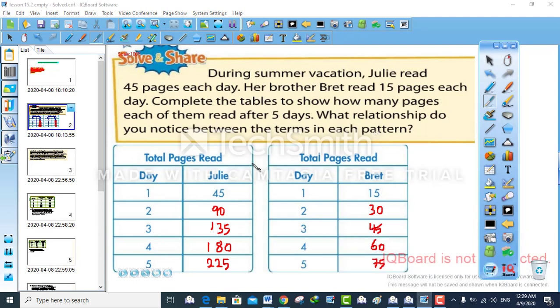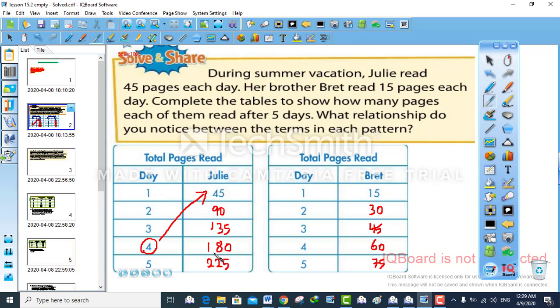As you see, it's a little boring to add each and every time. So another student maybe can ask us, teacher, is there any other way? Yes. Instead of adding 45, 45, 45 to get 135, you can just multiply 3 by 45. The answer is 135. Also here, for 4, instead of adding 45 four times, I'm going to just multiply 4 by 45.